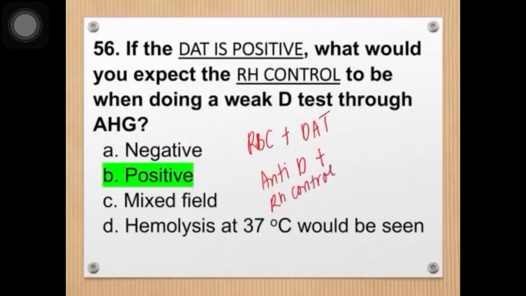Remember, kabalik rin po nito yung Coombs control cell. Sa Coombs control cells, ang valid test po doon, yung may agglutination. Yung Rh control, for our test to be valid, dapat wala pong agglutination. Now, kung DAT positive yung red cell, both yung anti-D at saka Rh control, parehas pong magpa-positive, meaning ang result po ay invalid. Correct answer, 56, letter B.